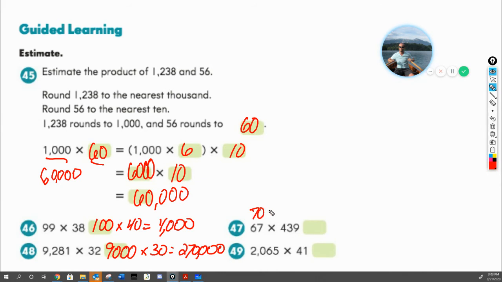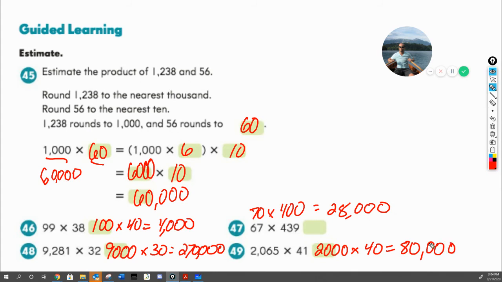Down here, I'm going to be doing 70 times 400. 7 times 4 is 28, or 70 times 4 is 280, or move the 3 zeros over, whichever way you want to do it. And then finally, 2,000 times 40 equals 80,000.